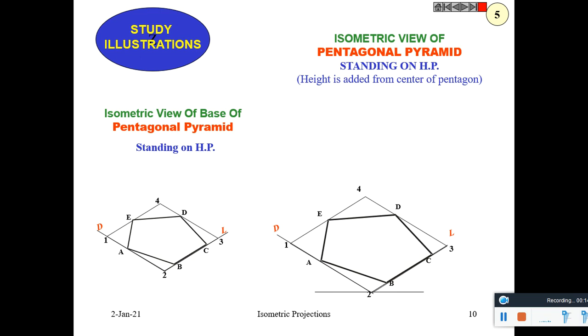Now mark its height from the center and join the sides. So this portion cannot be seen. These lines also would be in dashed line.